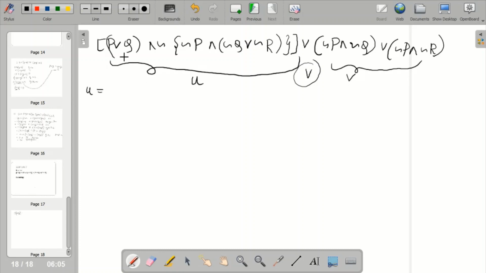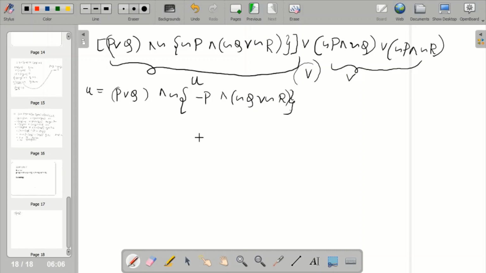So the U section is nothing but P or Q. I'll write here P or Q, and negation of negation P and negation Q and negation R. Sorry, this was a square bracket. We'll remove this bracket. So this was a problem.